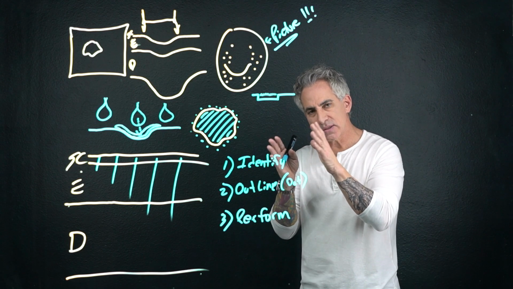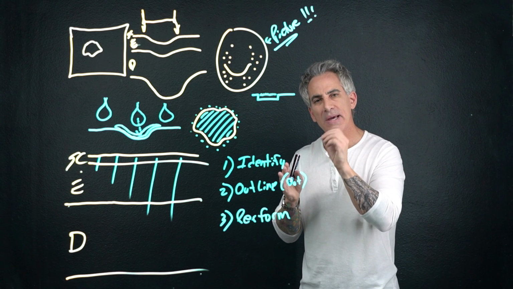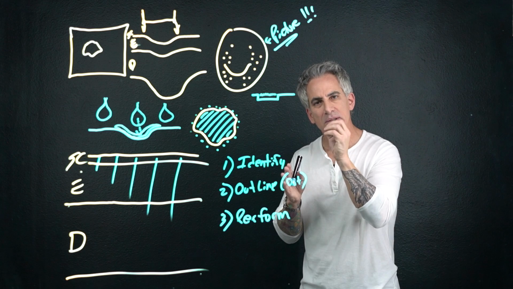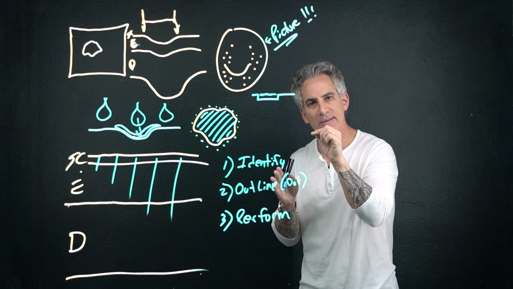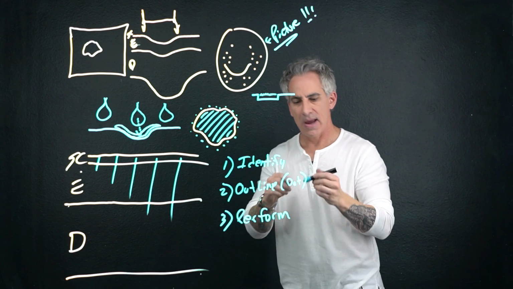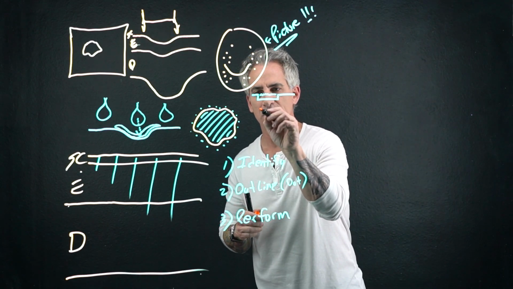So this takes talent, this takes practice, but you want to be able to use the smallest amount of needles and pressure, and just like that, right in the center. And let me go ahead and draw this so I can show you what this kind of looks like when you're done.